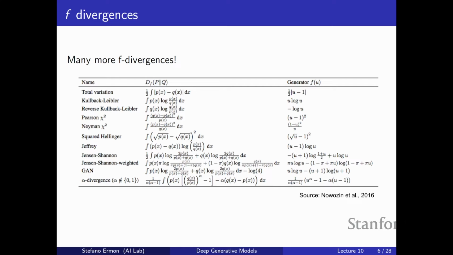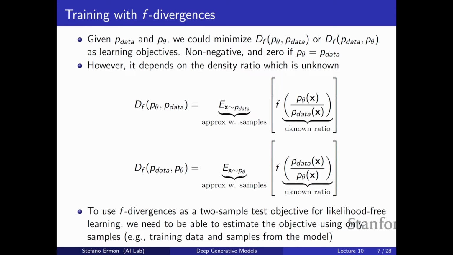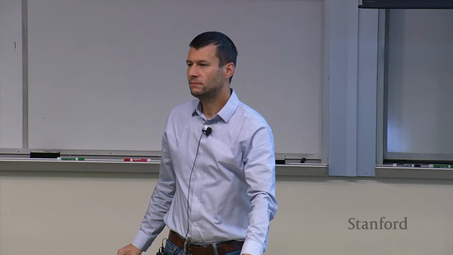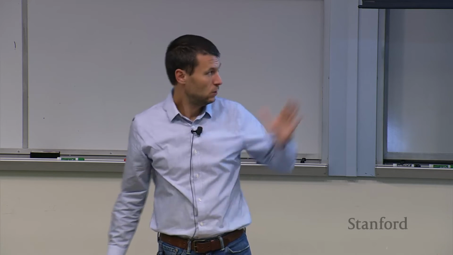Okay, so now let's see how we can actually move forward and come up with a GAN-like way of approximating this F-divergence that does not require likelihoods. Why were we able to estimate the objective for GANs before, if GANs are an example of an F-divergence?